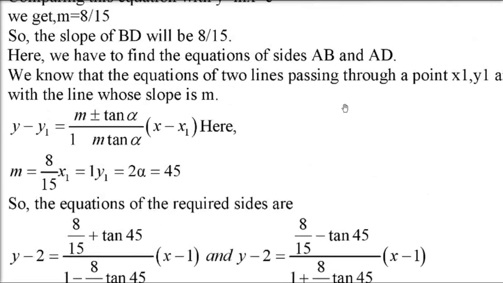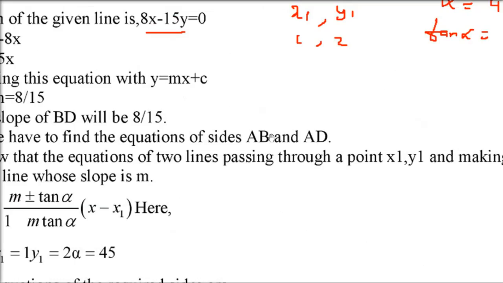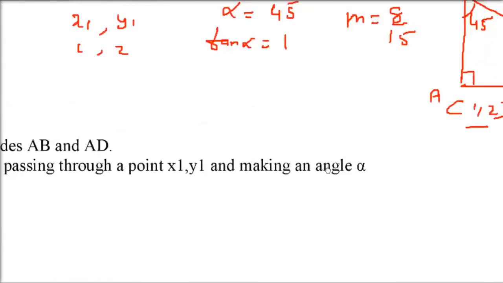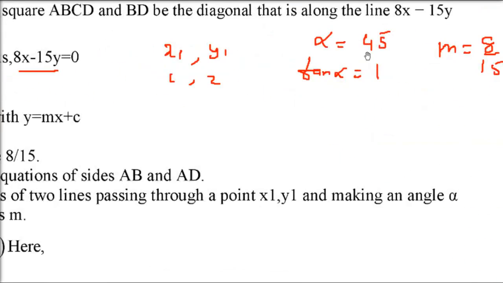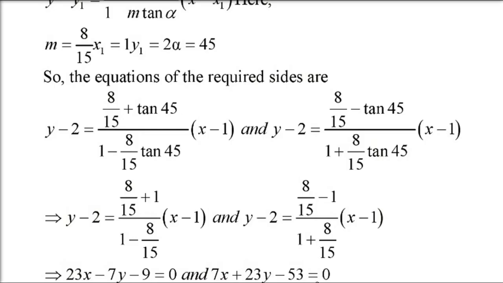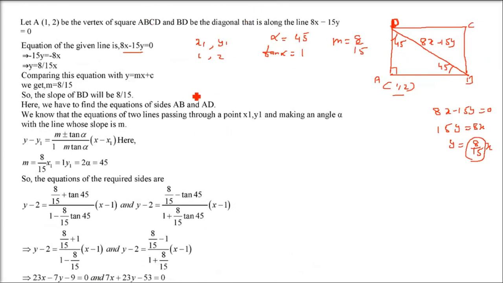The formula: y minus y1, where y1 is 2 and x1 is 1, m is 8 by 15 and tan alpha is 1. So put 1. One time you take plus, minus in numerator, denominator, and then you take minus, plus. Everything is known to us. Just solve it. These two equations will come.